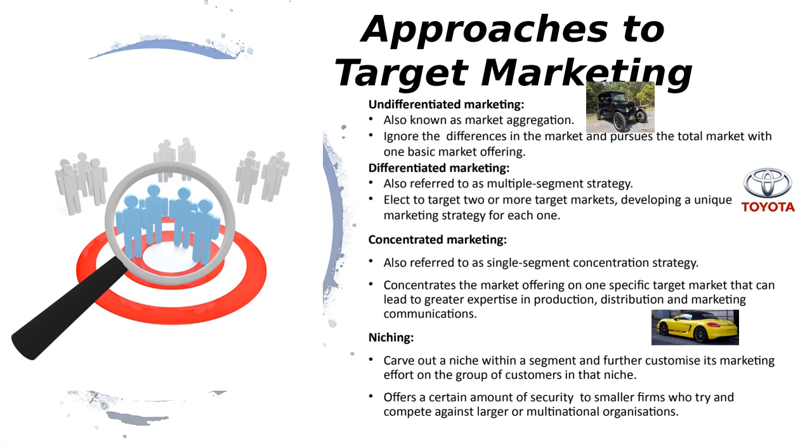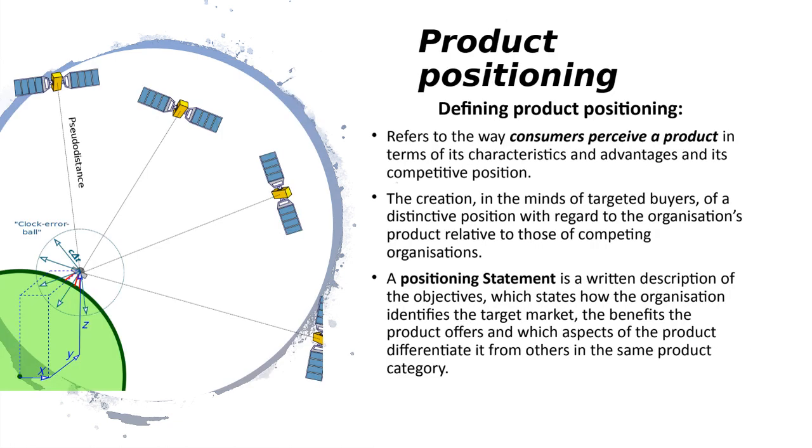Levi Jeans in New York, you will walk into the store and they will customize you a pair of jeans designed exactly the way you want them. So these are the very important target marketing approaches that you need to understand for your portfolio of evidence in terms of how you see bike in the market and its competitors.